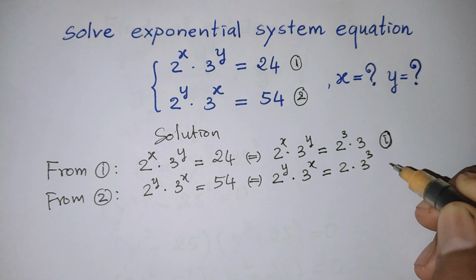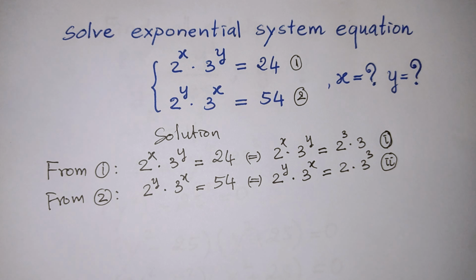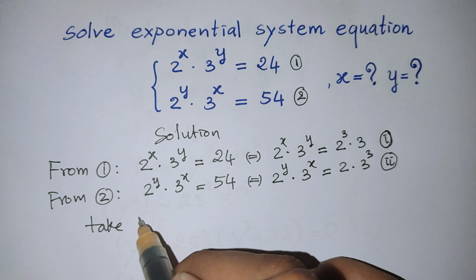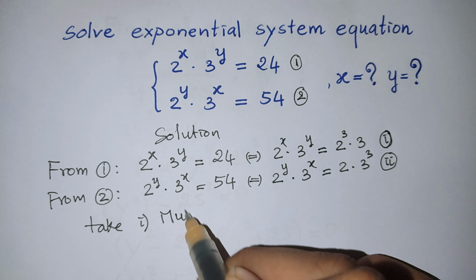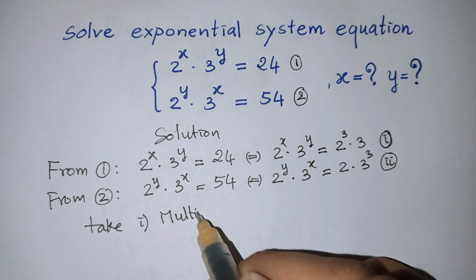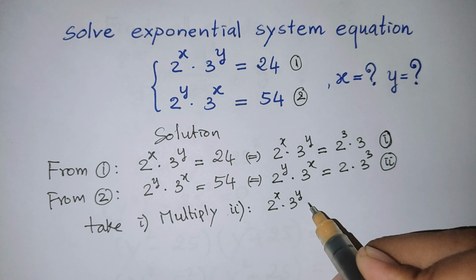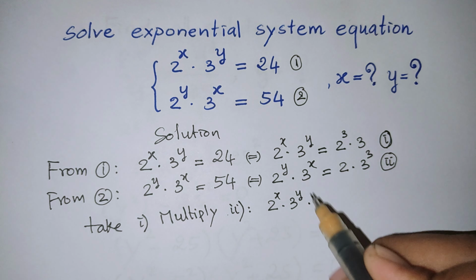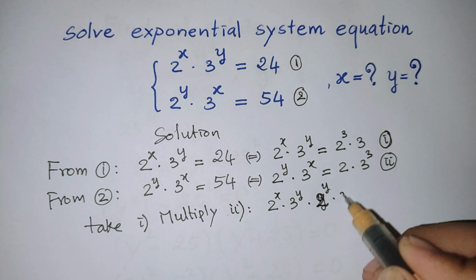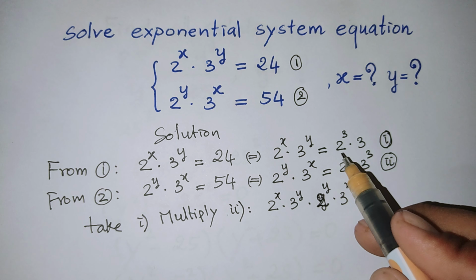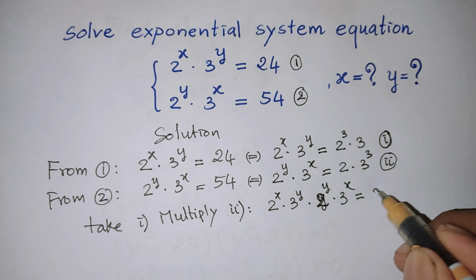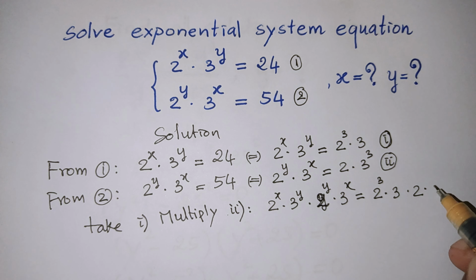Now I take first multiply second. So we get 2 power x times 3 power y times 2 power y times 3 power x equals 2 power 3 times 3 times 2 times 3 power 3.